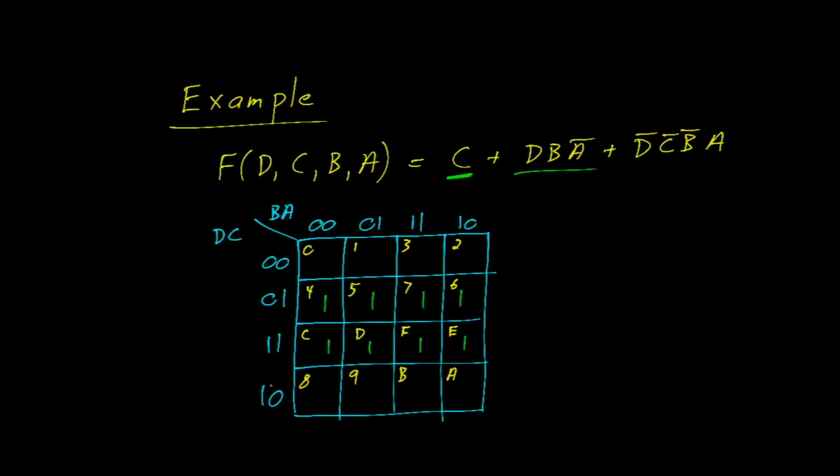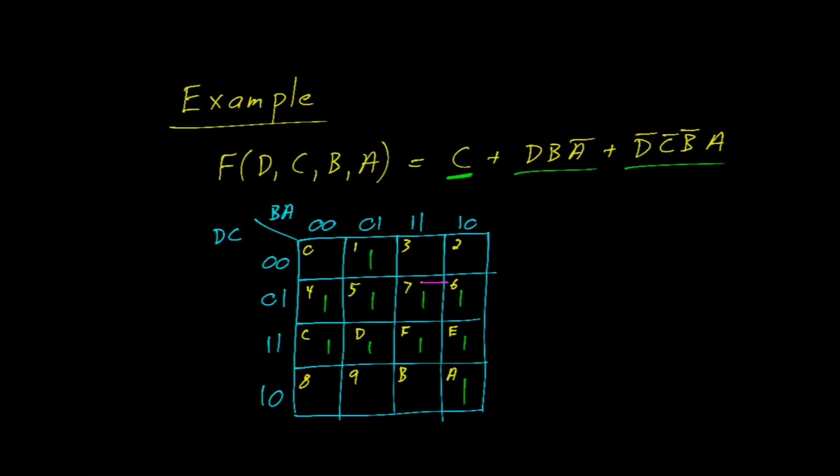This implicant, D, so there's the D row, and then B A0 would put it in that column. So that's these two right here, minterms E and A. This minterm, D0 C0, would be in this row, B0 A. We interpret that as a 1.